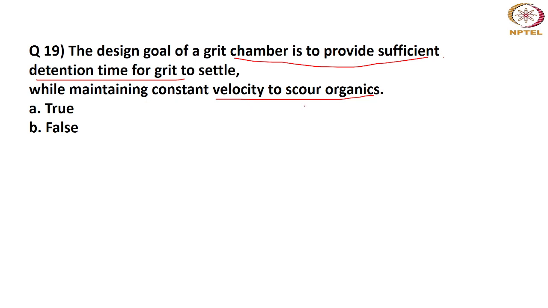So in case of your grit chamber, there should not be any organics settling. So it should scour from the bottom. You need to degrade these organics inside your secondary treatment tank or your activated sludge process, right? Otherwise, your grit chamber will become an activated sludge process.